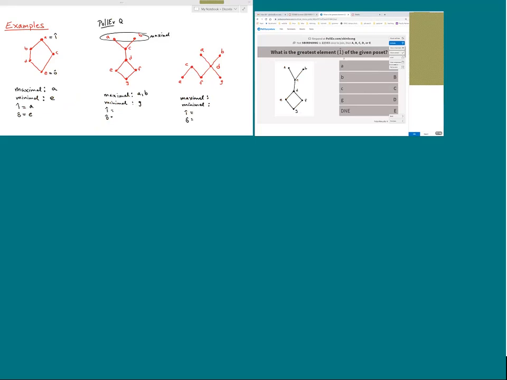And while you guys are spotting the greatest element, I'm going to go ahead and tell you that our least element is G, the same as our minimal element.